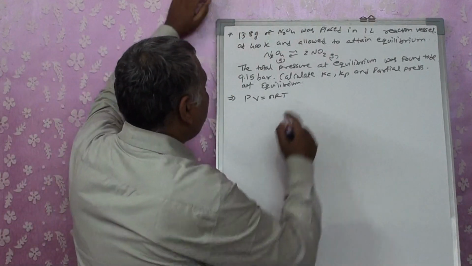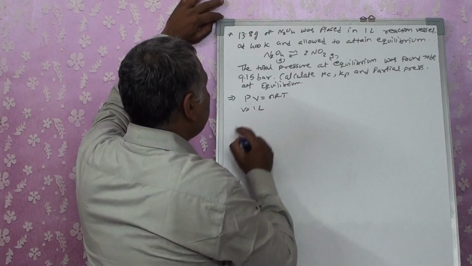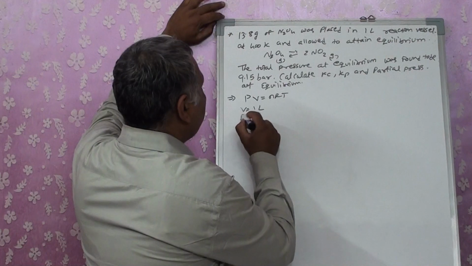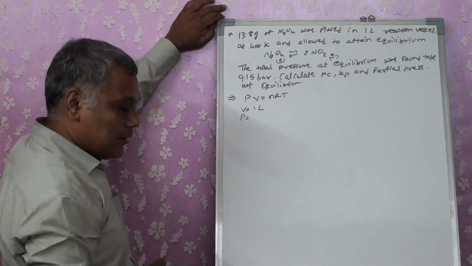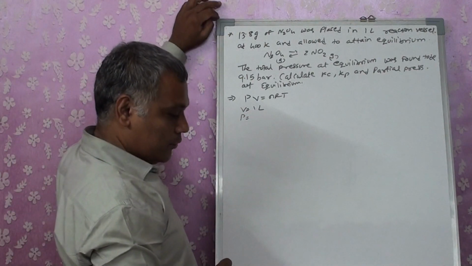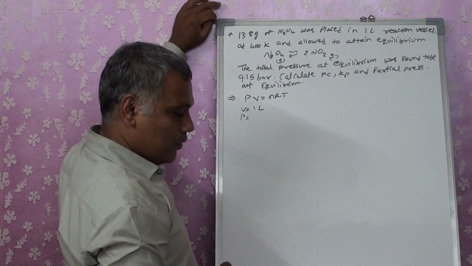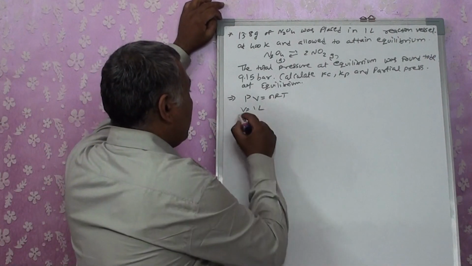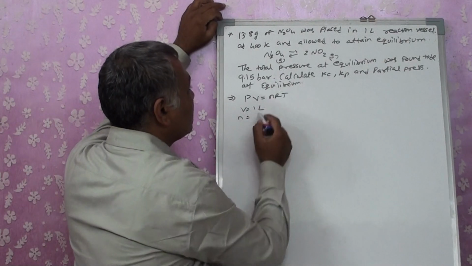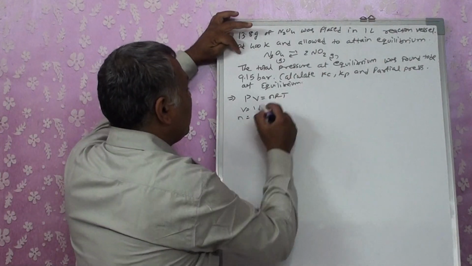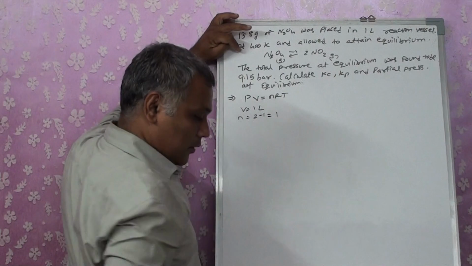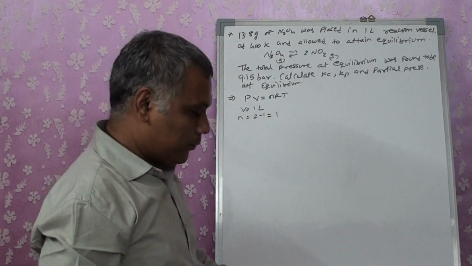The volume is given to me, 1 liter. The total pressure is what we have to find out, it is not given. N, the number of moles, we will get as 2 minus 1, that is 1 mole.